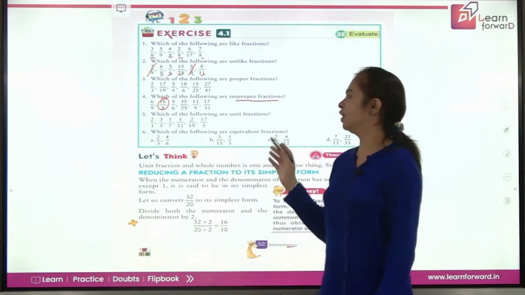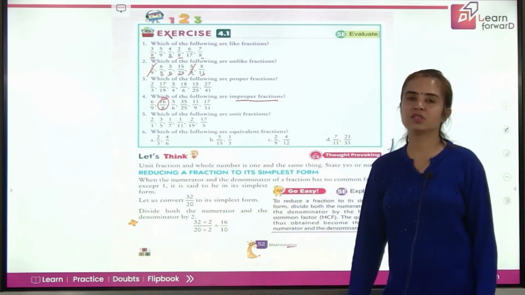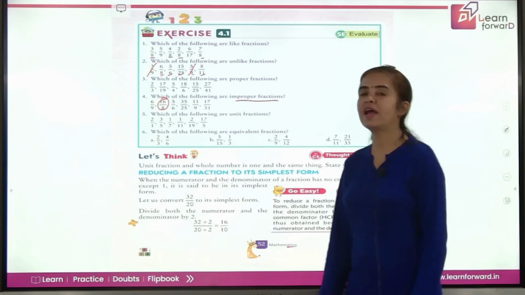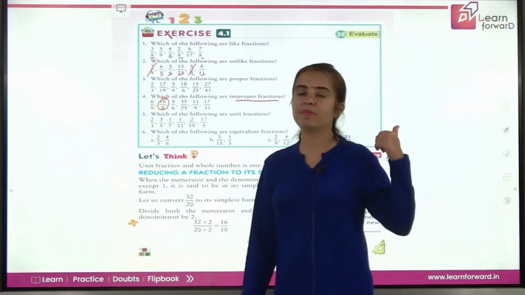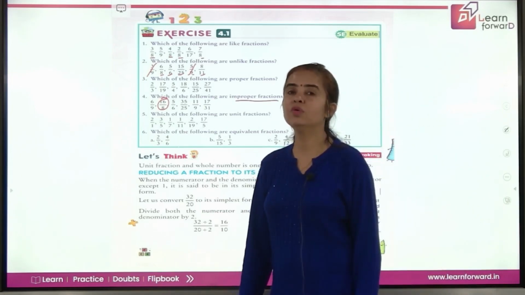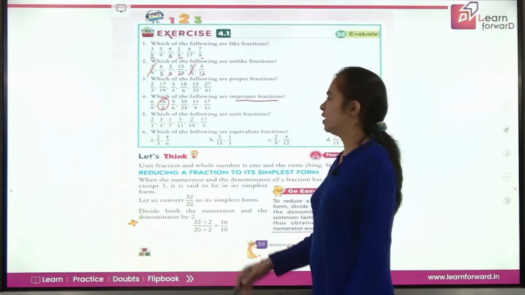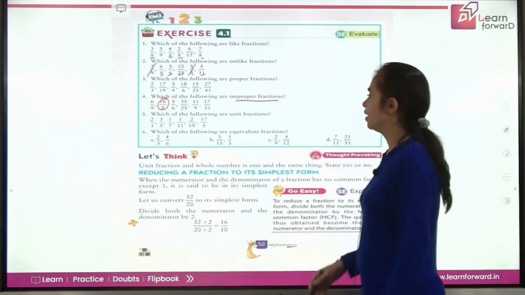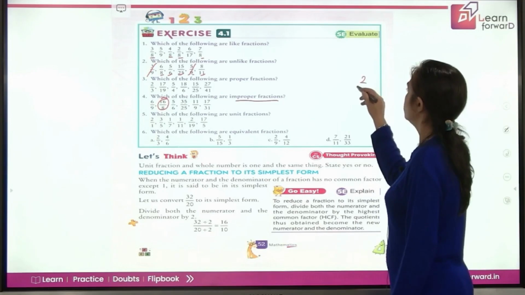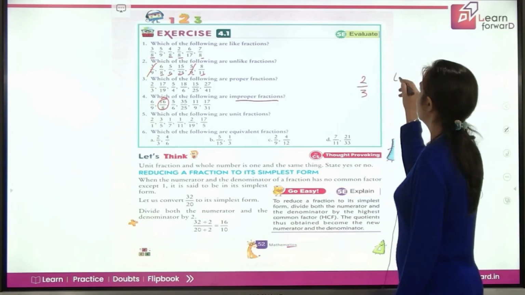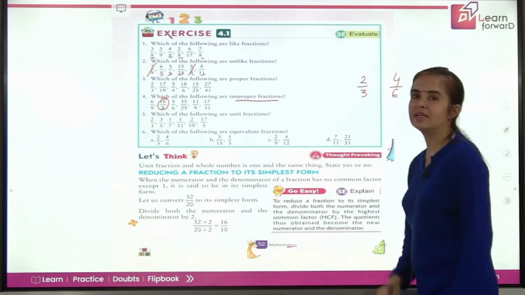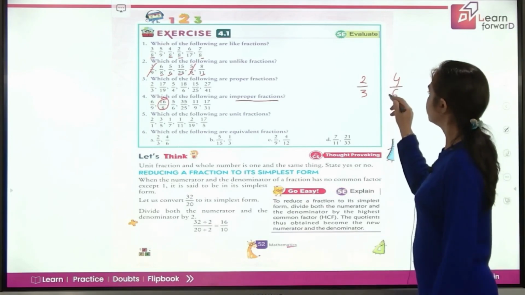Which of the following are equivalent fractions? So, for equivalent fractions, you have to find out either by making the picture I made for you, or the best way is you cross multiply. For example, if you have 2 by 3 and the other fraction is 4 by 6. So, what you do?